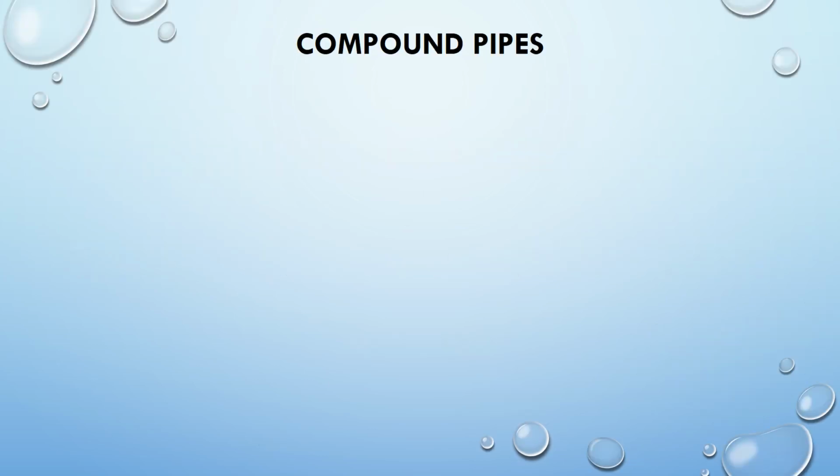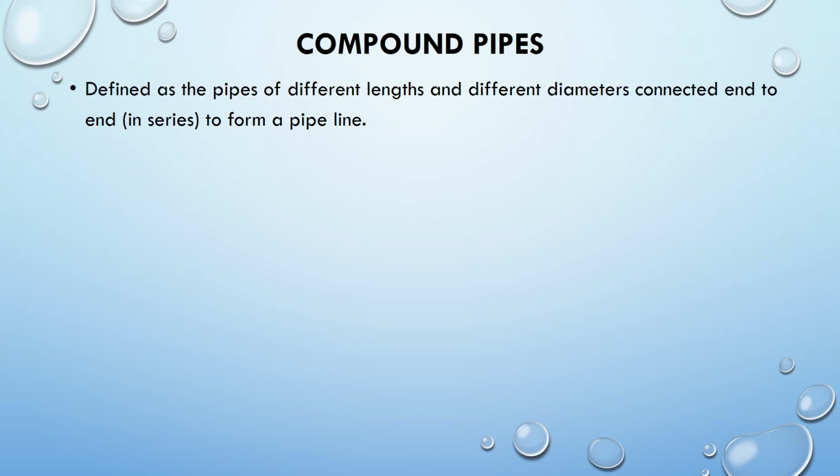So first of all, let us discuss what compound pipes are. It is defined as pipes of different lengths and different diameters connected end to end in series to form a pipeline. To better understand this, let us look at a figure.